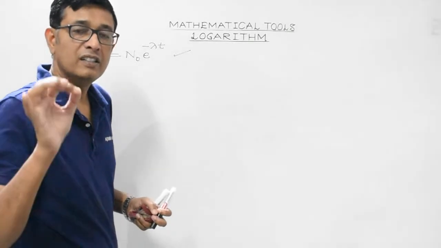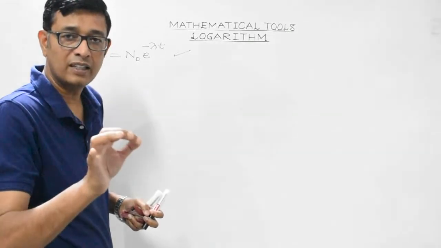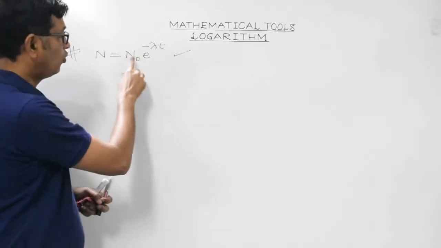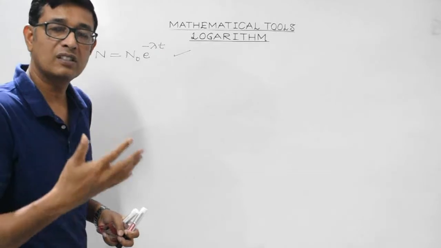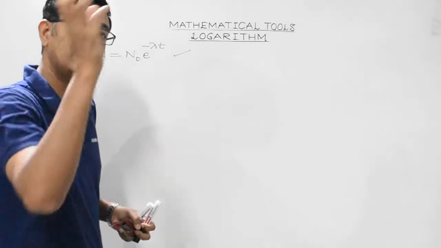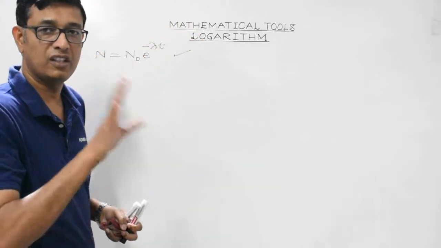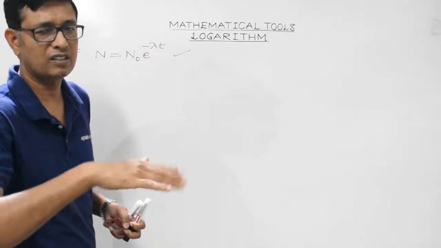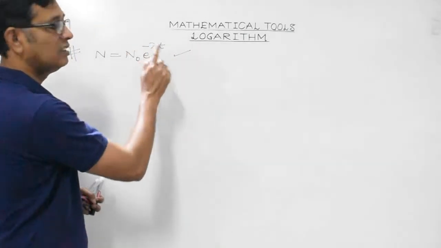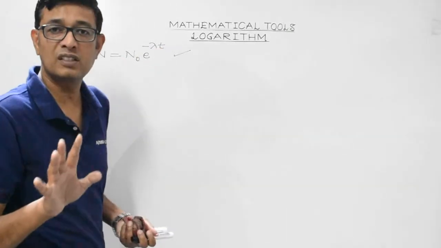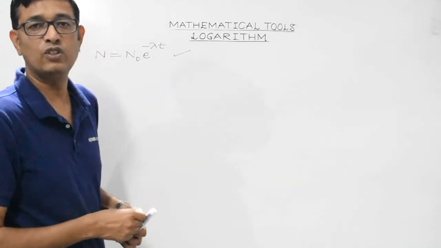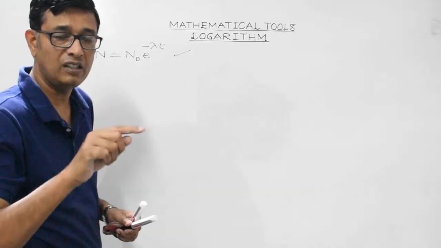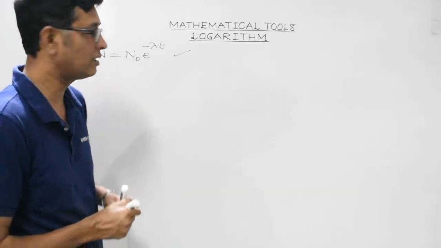N is the number of radioactive nuclei present in the sample at instant t. N naught is the number of radioactive nuclei present initially, originally at t equals 0. Lambda is the decay constant, which we'll discuss later on. t is the instant of time, and e, as I've told you, is the exponential series. Its value is 2.718. e to the power 1, that is, the value of e is 2.7182.